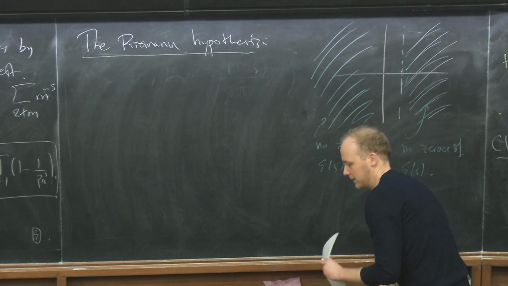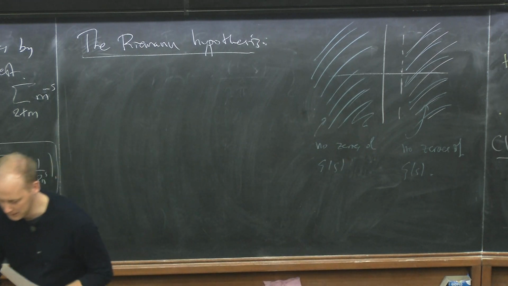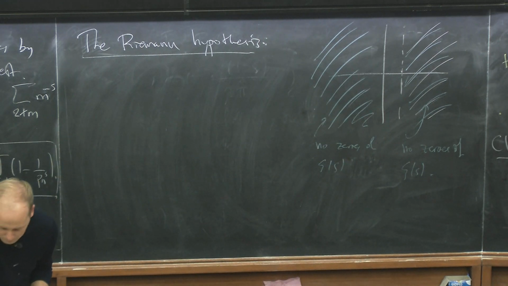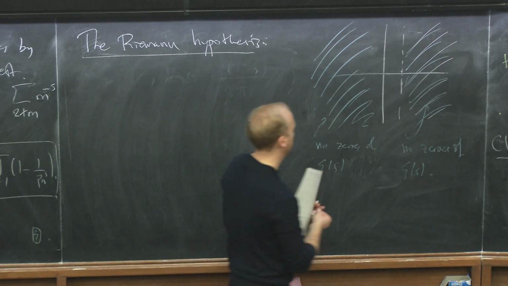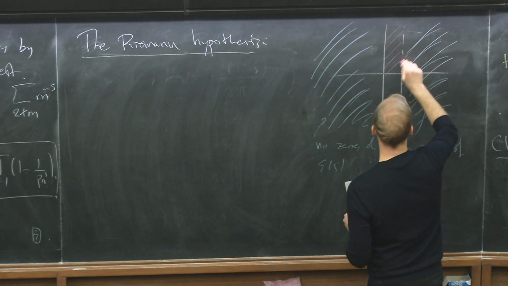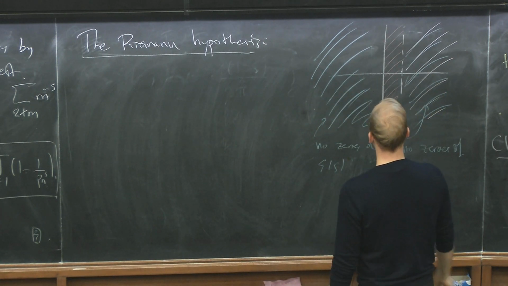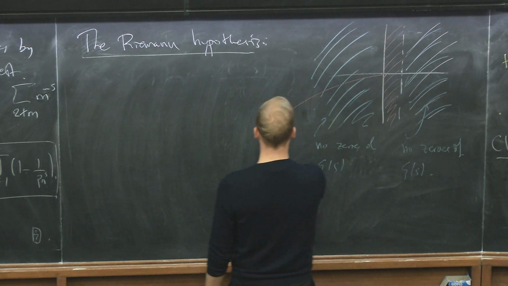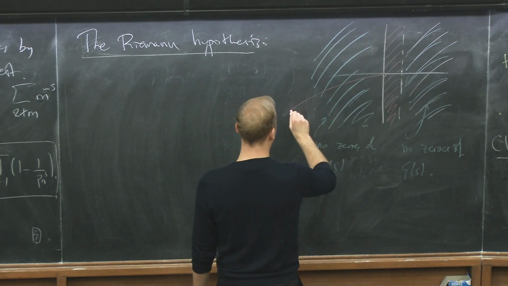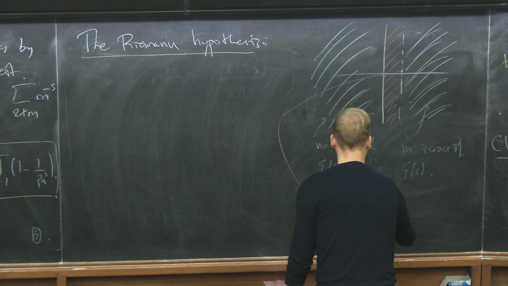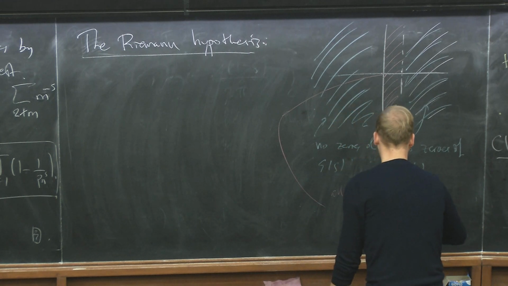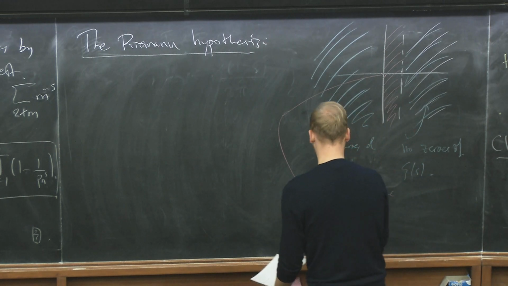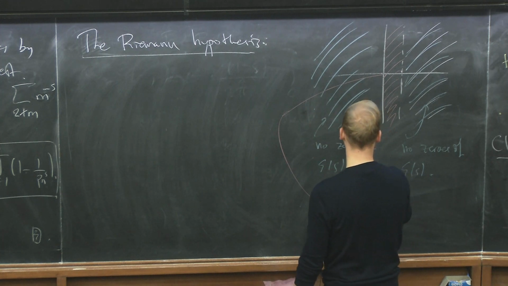So what this does is that it leaves us with this little strip here. And it says that all zeros, no zeros here, sorry, except the trivial ones.